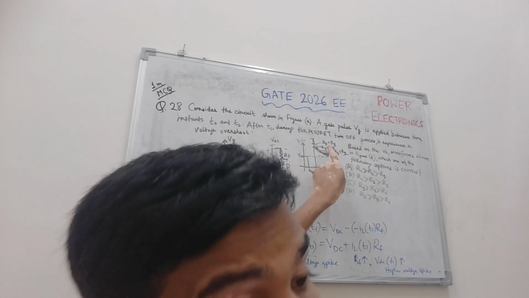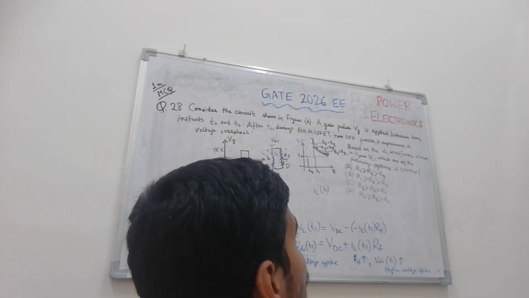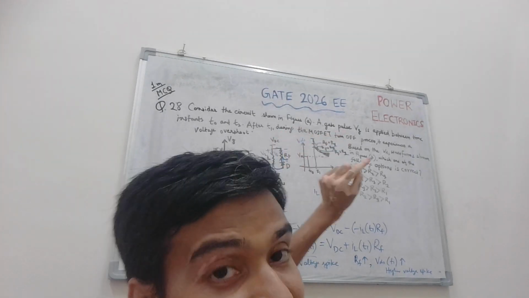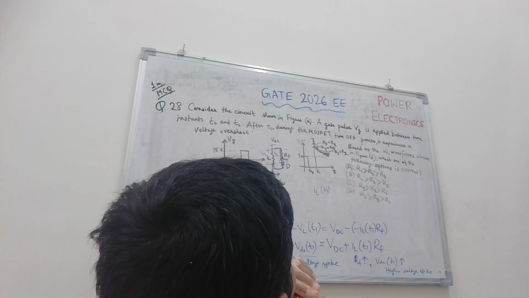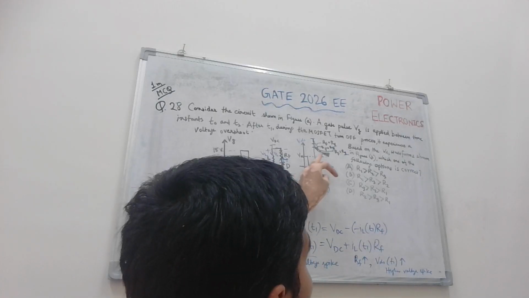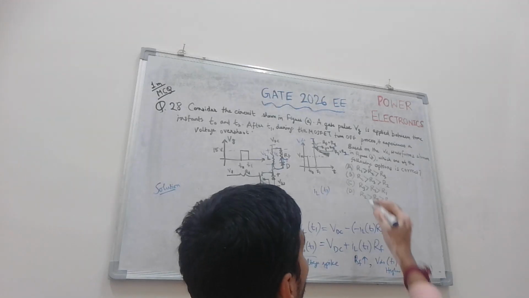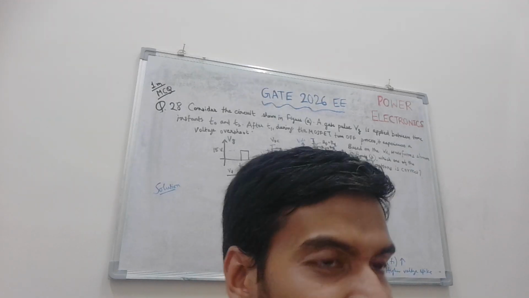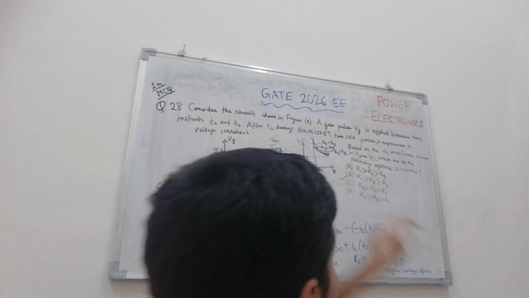Then for R3, as you can see, then R2. So the highest voltage spike will be for the highest resistance, followed by the intermediate one and then the lowest. So R1 is greater than R3, greater than R2. Option B is correct.